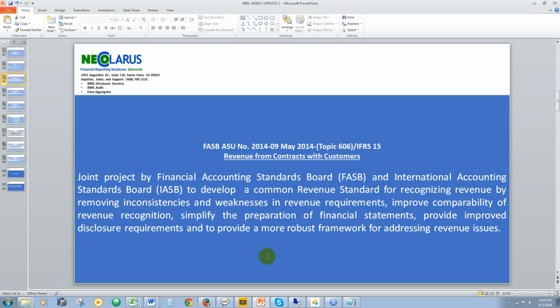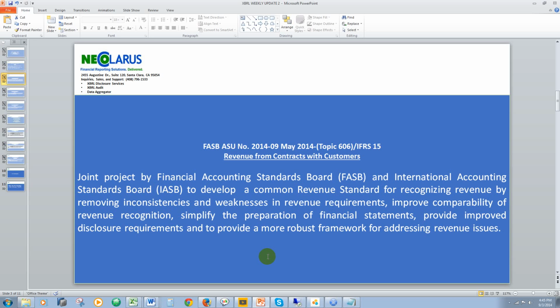As we see on this slide, this was a joint effort to develop a common revenue standard for recognizing revenue, to improve the comparability of the financial statements, to simplify the preparation of the financial statements, and to provide improved disclosure requirements, with an objective to provide a more robust framework for addressing revenue issues.